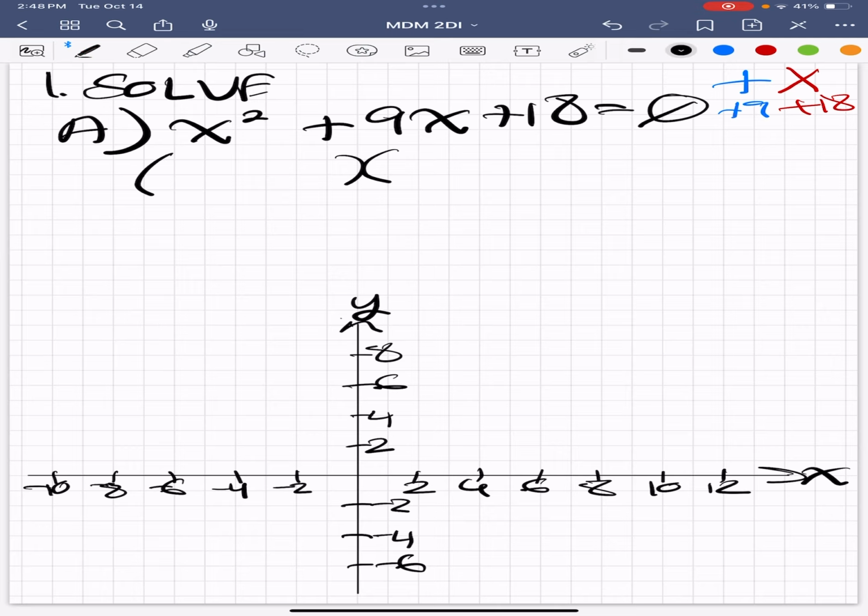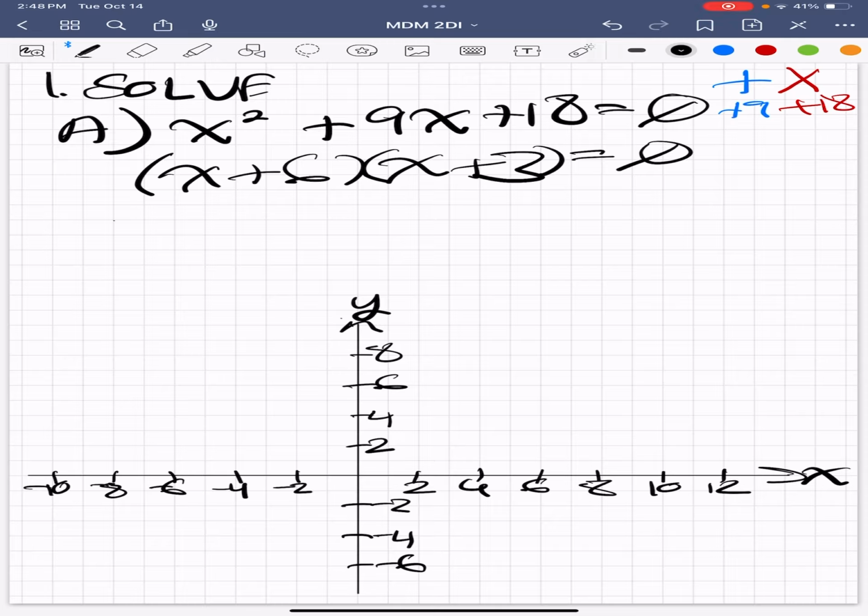So we need our brackets equals 0. We need x and x to multiply to x squared, plus 6, plus 3. Then we have set equal to 0 and then solve.